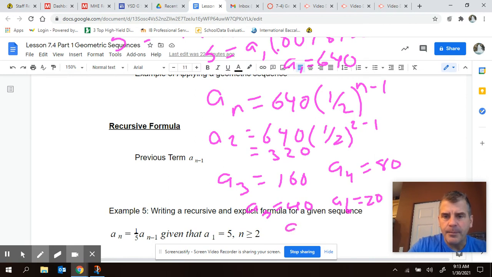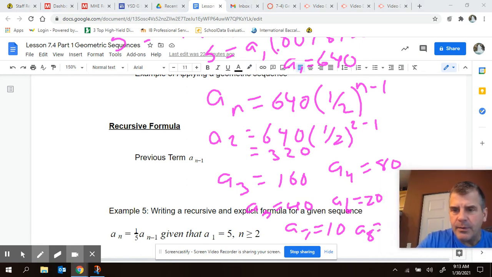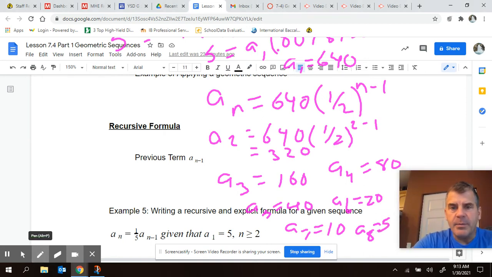Seventh term. And again, this is just a checking. Does this lead us to it? And sure enough, we're going to finally end up back from our clue that the eighth term indeed is 5.